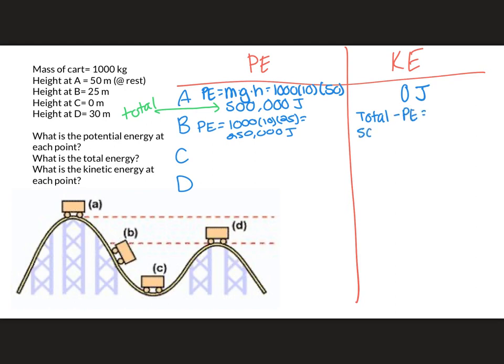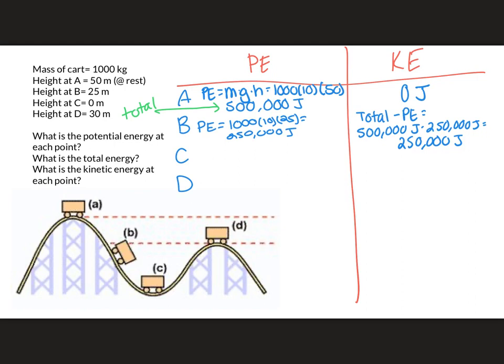So that's going to look like my 500,000 joules minus my 250,000 joules, which is going to give me also 250,000 joules. So this is a time where we see both potential energy and kinetic energy. Another really big misconception that I see is that we think we can only have potential and only have kinetic. That's not true. We can have height and movement at the same time.